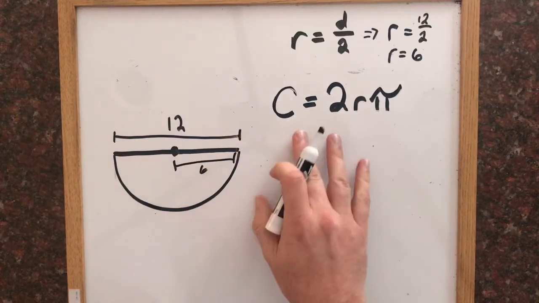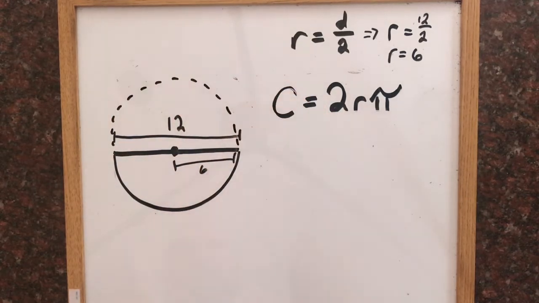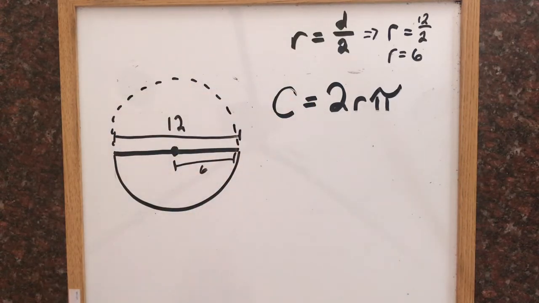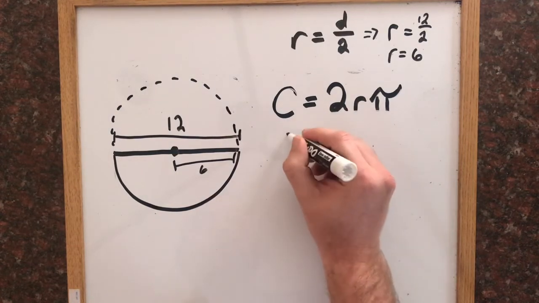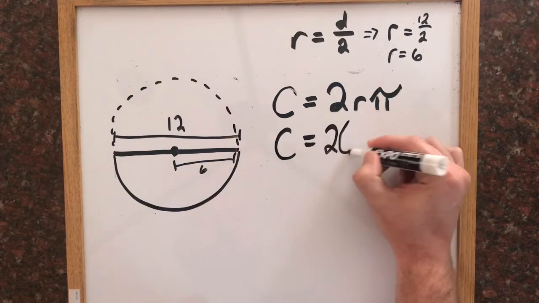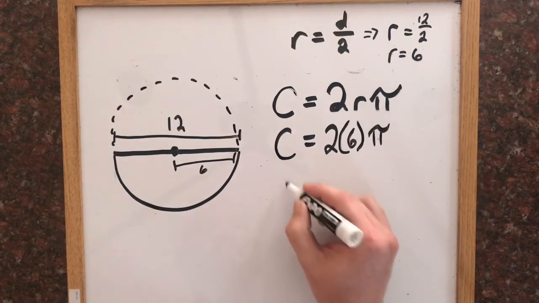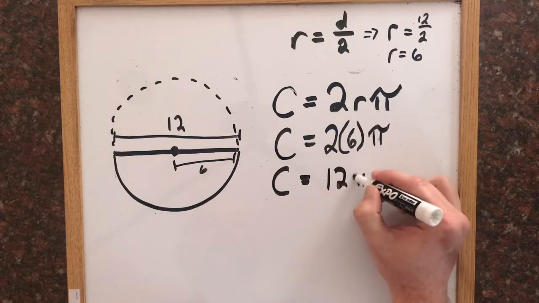Okay, so again, we're going to consider the entire circle. We're just going to calculate it as if we were trying to find the circumference of the entire circle. We'll deal with the fact that it's actually a semicircle later on, but let's calculate the entire circumference. So plugging into our formula, we get circumference is equal to 2 times the radius, which we calculated was 6, times pi. Circumference, again, of the entire circle is 12 pi.